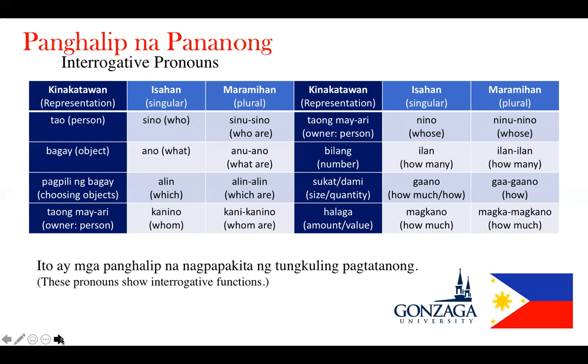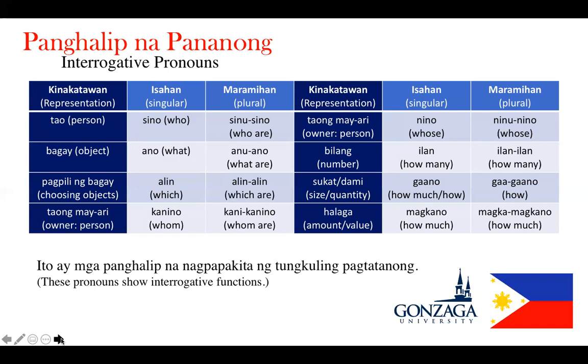So I'm talking about which is better or nicer, only one. But if I ask you, alin-alin na mga eskwelahan sa USA ang maganda? What is that in English? Which schools in the US are nice or better? That's why I'm using alin-alin.